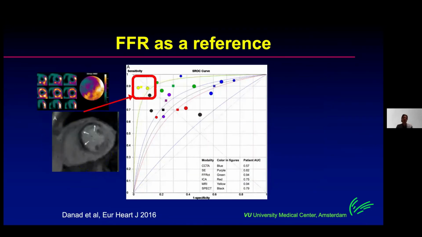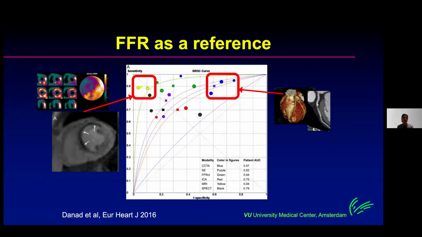We also know, based on some reference trials and a meta-analysis published by Danad, who is my former fellow at the University Medical Center in Amsterdam and who trained with Jim Min, that the sensitivity and specificity of MRI and PET seem to be the highest, whereas the rule-out rate of CT is potentially high, but again, the false positives are high also.